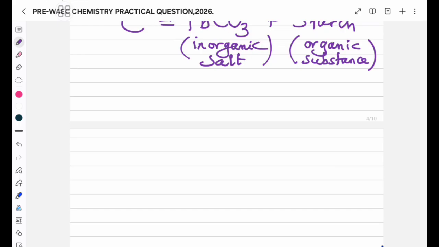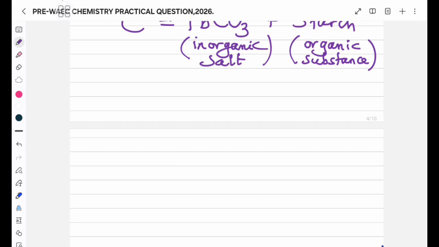We need to understand the following: when a mixture of lead(II) carbonate and starch is added to water, number 1, the mixture will appear cloudy or milky white, because both of them are white and they are both insoluble in water, except that a very little amount of the starch can dissolve. But since it is very insignificant, we still say that it's not soluble.